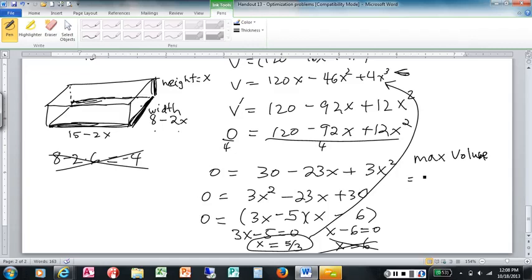So it's 120x, so it'd be 120 times 5/3 minus 46 times 5/3 squared plus 4 times 5/3 cubed. And of course, if you wanted the dimensions, then you'd have to go back to the other one.